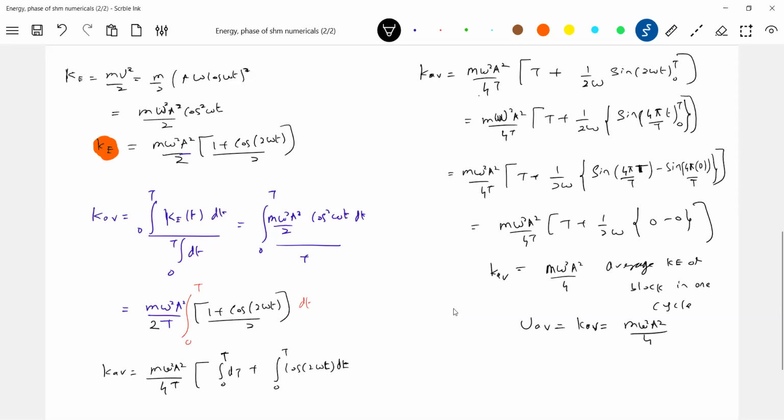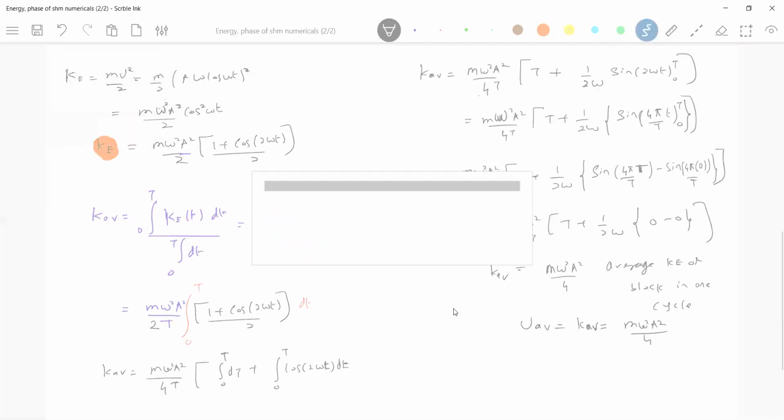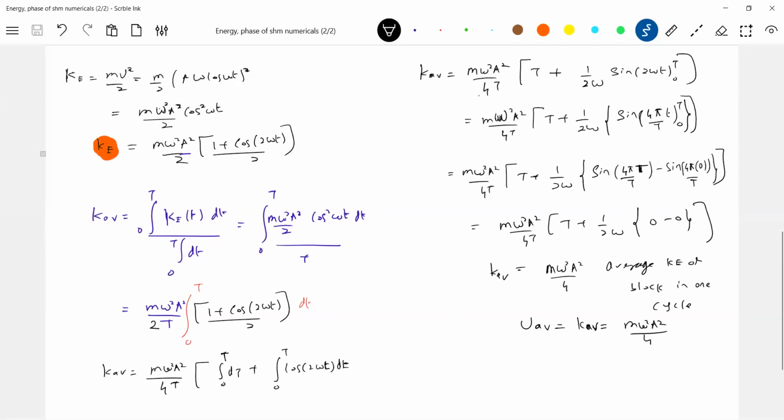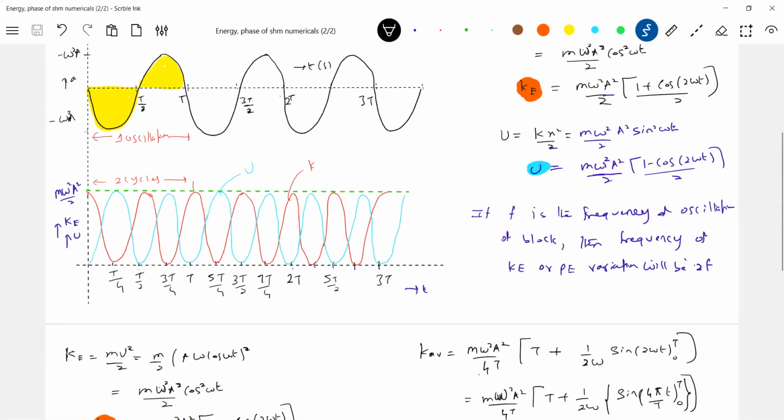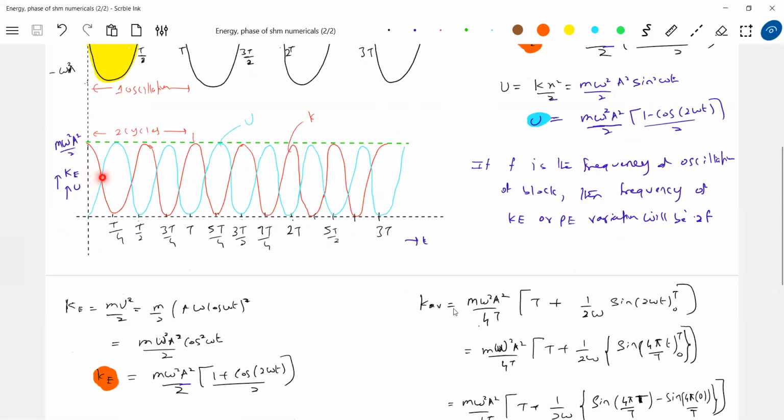If you are very good mathematically skilled, you would have noticed this. In the above graph only, you could have said directly what the average value is. I'll take the average of this red color line. So what will it become? m omega square A square by 4 only. Getting the logic?